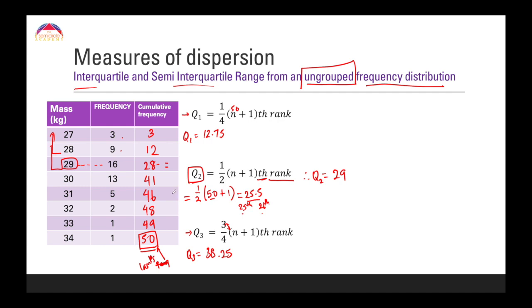Right, so for Q1, we could see here that we come up with 12.75 lambs, right? You can't have 12.75 lambs. So that means that Q1 lies somewhere between the 12th lamb and the 13th lamb. Yeah, so that is where 12.75 will lie.